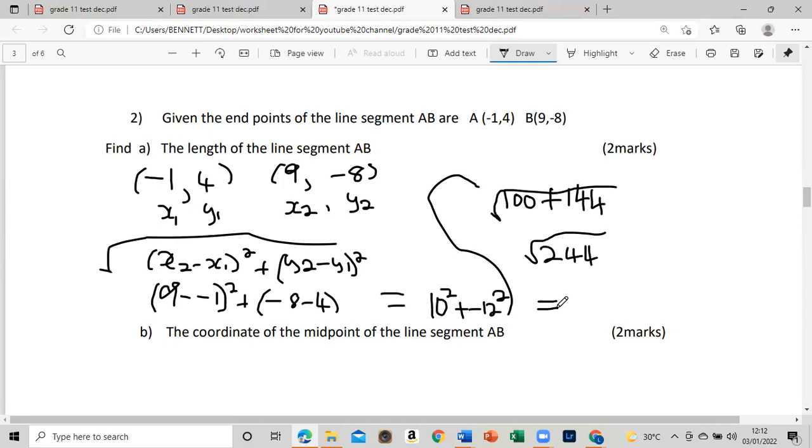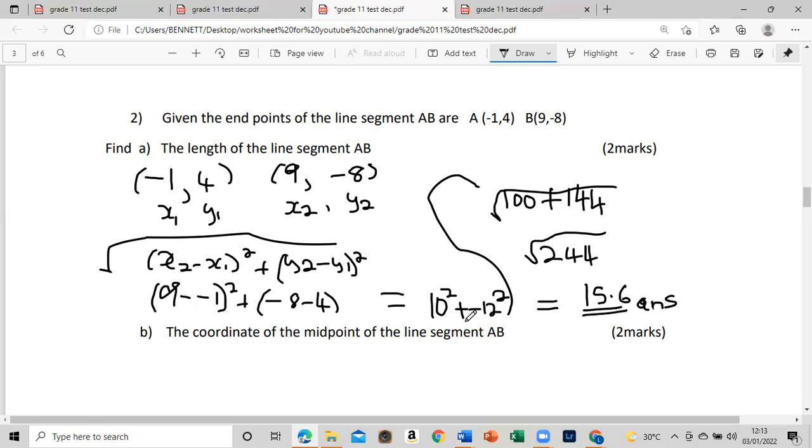Alright, so that's 15.6. And that will be our answer.